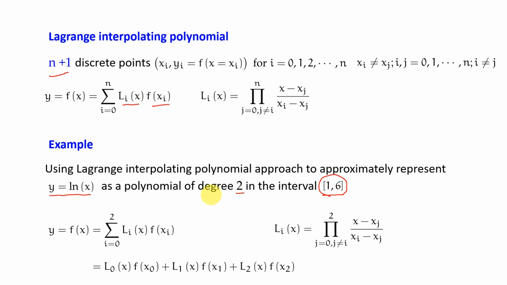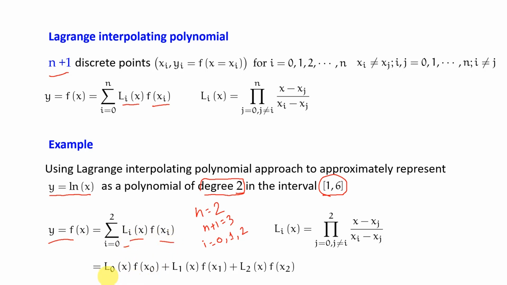Since the degree of the polynomial is 2, n equals 2 and n+1 is 3, which means we have 3 data points, taking i equals 0, 1, 2. So y equal to f(x) will be given by the sum for i equal to 0 to 2 of Li(x) f(xi).